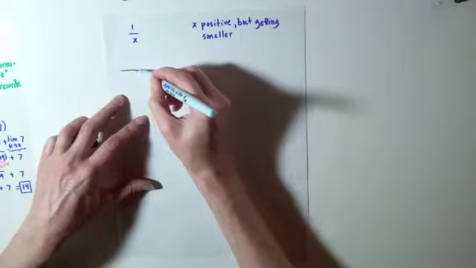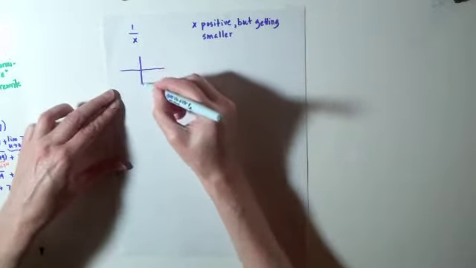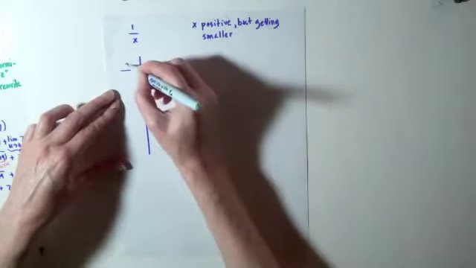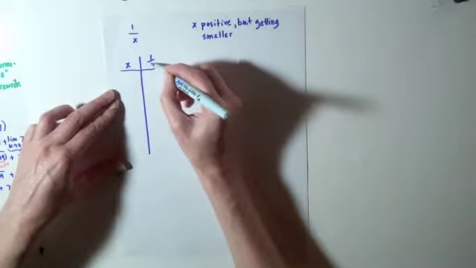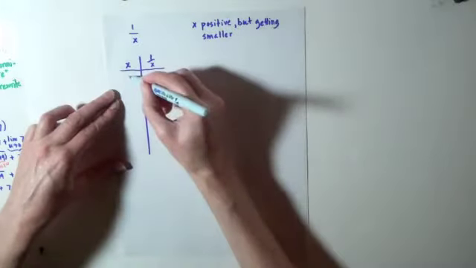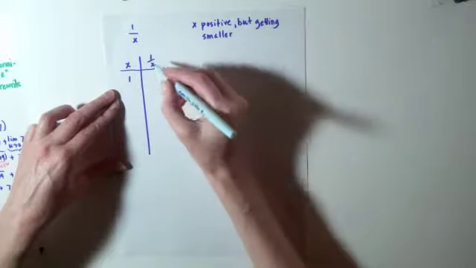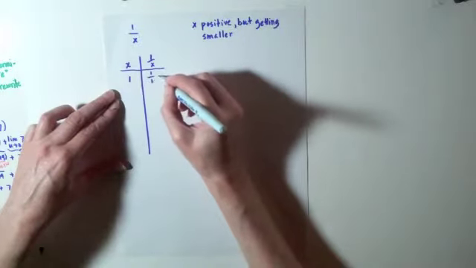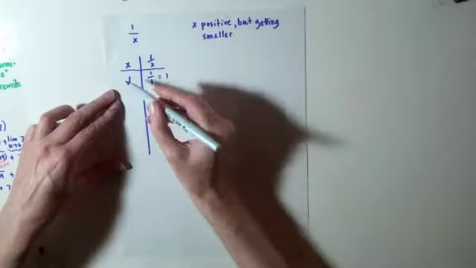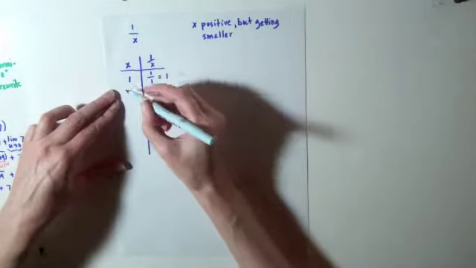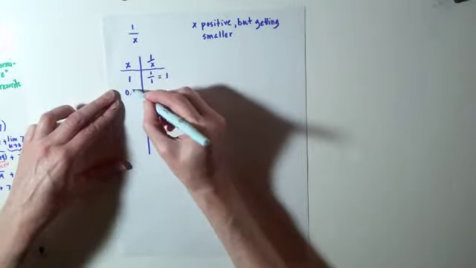Let's see what happens as I do that. If you want to, you can make a little table of values where here's our x value and here's 1 over x. If you put something like 1 in place of x, you'd get 1 over 1, which would be equal to 1. Now I want to let x get smaller. Suppose I put in something like 0.1.